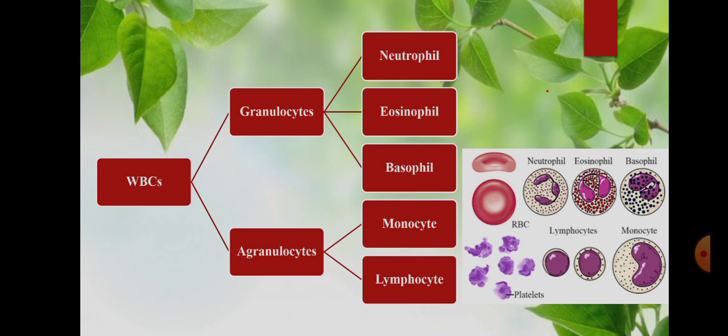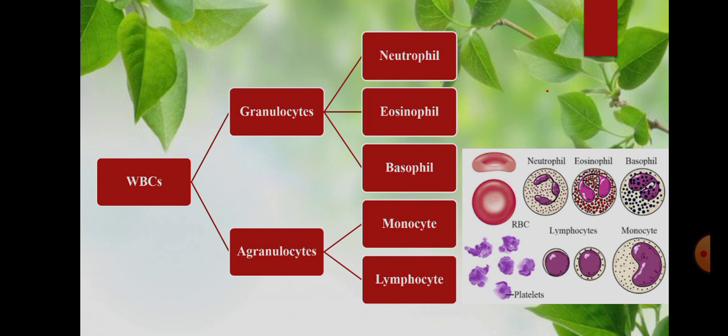And the function is to produce antibodies and also important for the immune response of the body. The lymphocyte count should always be normal, or else our immune system will get affected and we would be more prone to diseases. Clear? So these are the different types of WBCs.